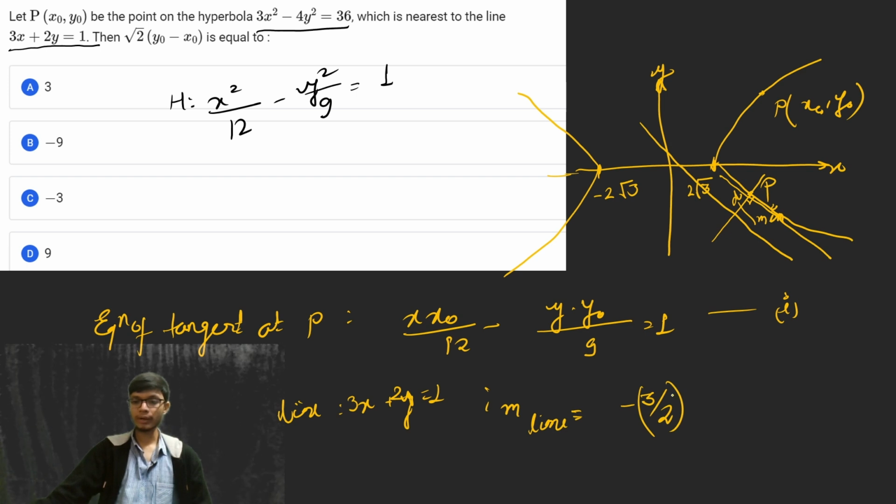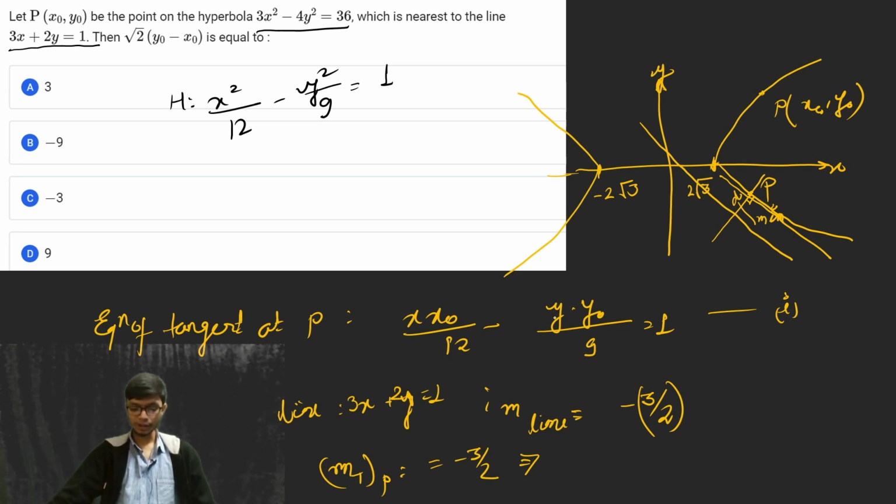If it is minus 3 by 2, then the tangent at P will be parallel to it. That means the tangent at point P also has slope equal to minus 3 by 2. And what is the slope of the tangent at point P?